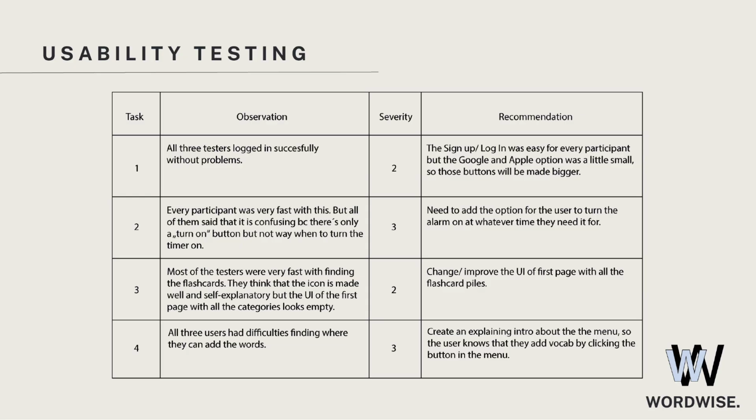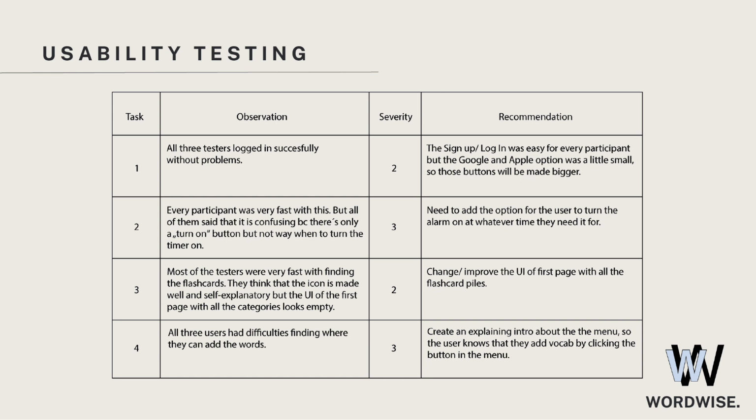Let's get to the results of the actual usability testing. So the first task was to log in using the SSO method. All 3 of them logged in without problems, but they recommended to make the Google and Apple button a little bigger.